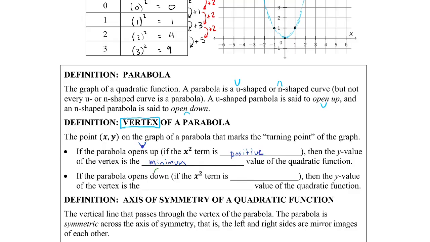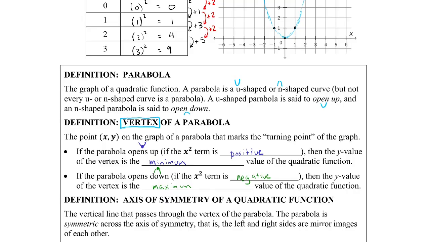If the parabola opens down, which is going to happen when the x squared term is negative, then that point is at the top. And so the y value of the vertex is the maximum value of the function.